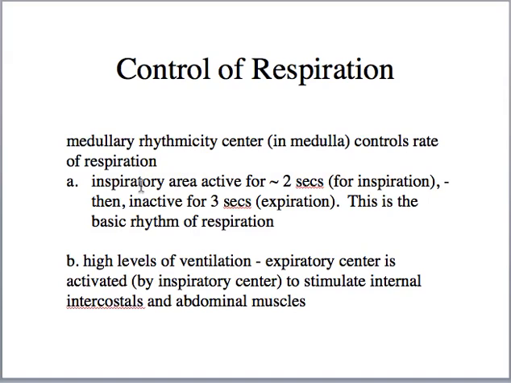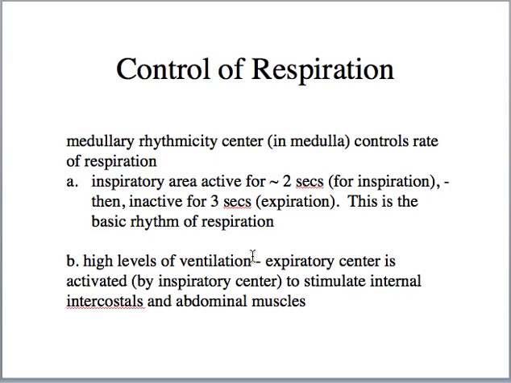Normally, within this, there's an inspiratory area that's active for about 2 seconds for inspiration, and then the inspiratory area is inactive for about 3 seconds, and that just means nothing happens, and then your body will passively exhale. That's the normal basic rhythm for respiration.